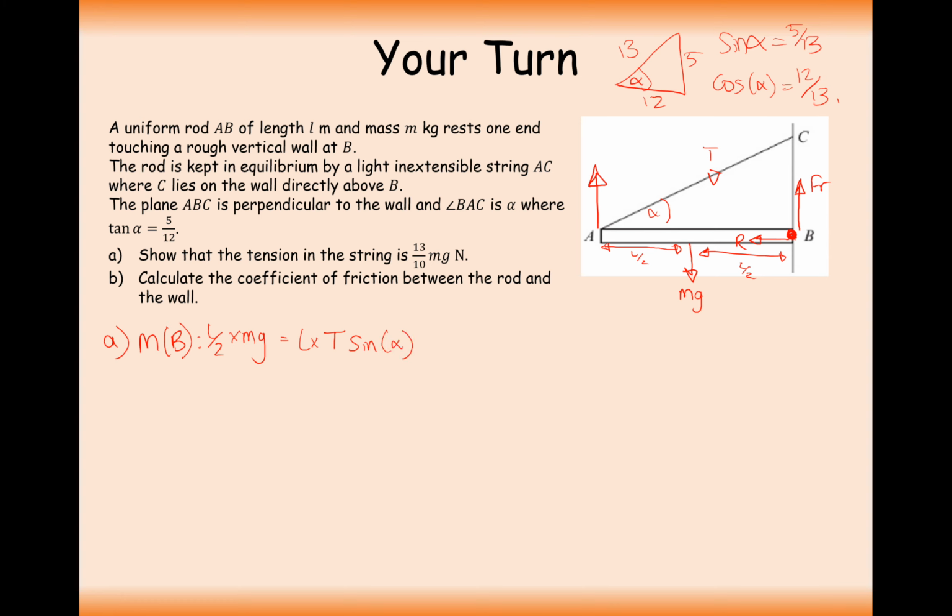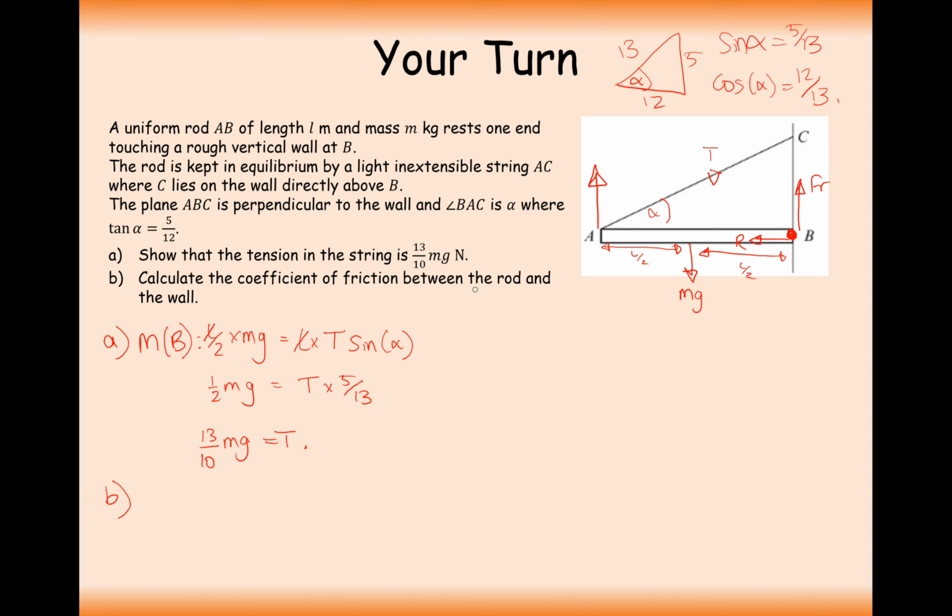Okay, so that's the equation that we make there. We're going to cancel out the L's from both sides. We're going to turn sine alpha into 5/13, so it's going to be T times 5/13 equals a half mg. And then multiplying by 13 and dividing by 5, we're going to get 13/10 mg, and that's the value for T. Lovely.